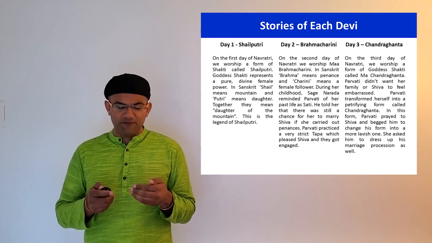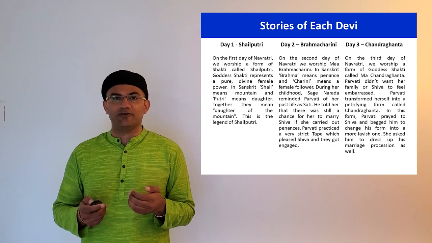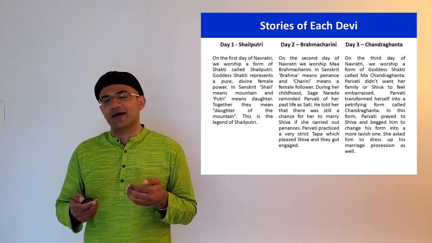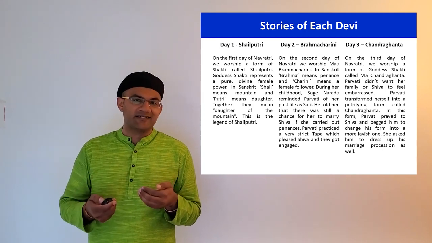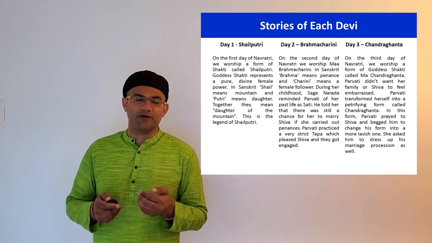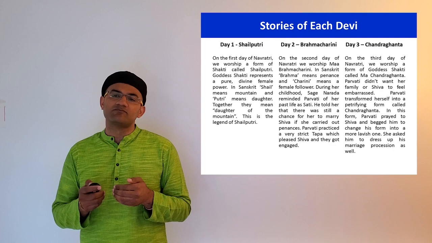Parvati practiced a very strict tapa, which means austerity, where you are living without food and water, and that will please Shiva. So she practiced it and they got engaged. So that's the legend of Brahmacharini, where she's practicing very strong penance or austerity.